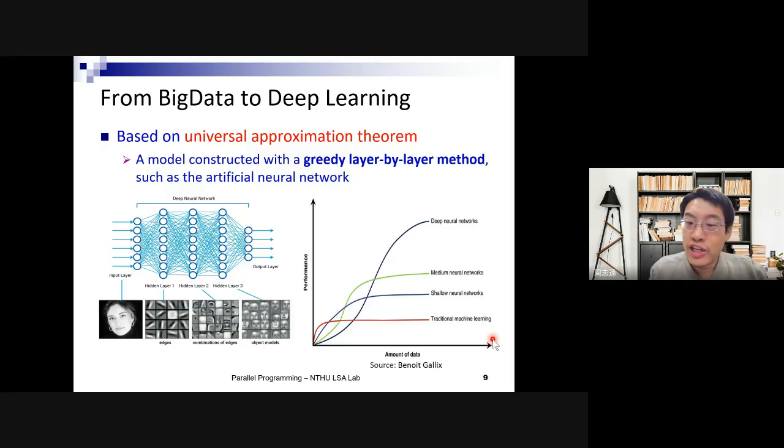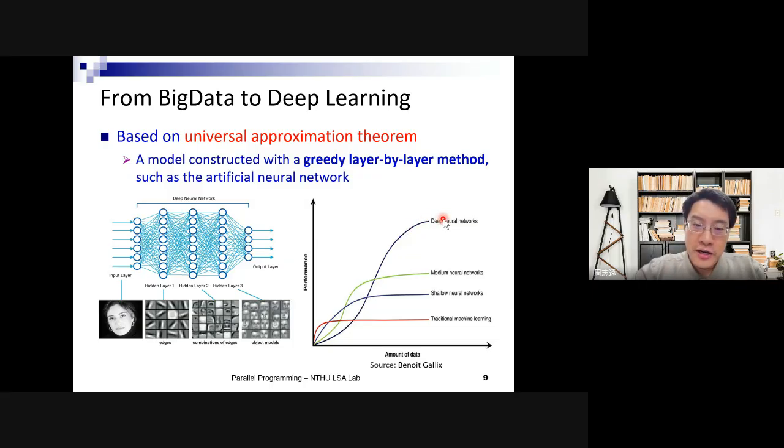That's where the distributed and parallel computation comes in, right? Because if you have more data, it also means you need more computing power to process the data. Okay, but since we have some solution for the big data already, as you can see, as we collect more data, we can get better performance or more accurate results from deep learning models.